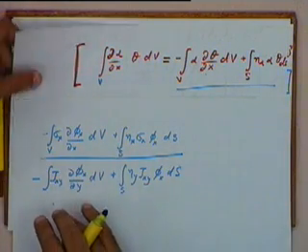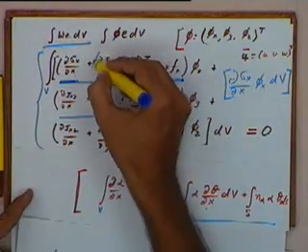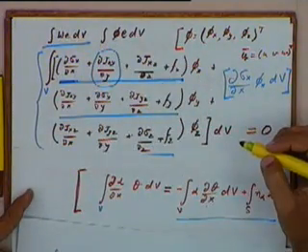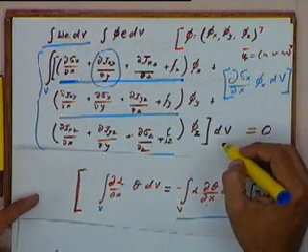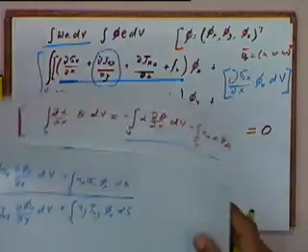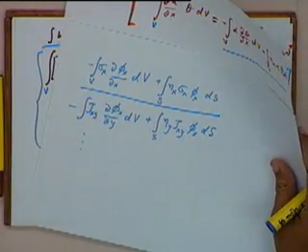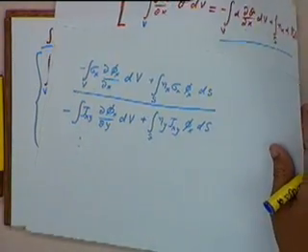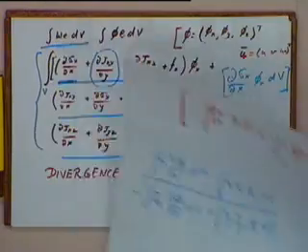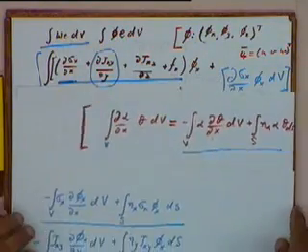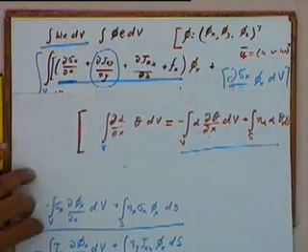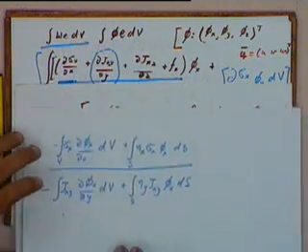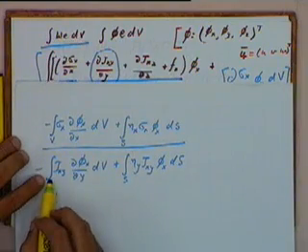Similarly, the next term is del tau xy by del y multiplied by phi x multiplied by dv. That term will simplify to an expression of this type.